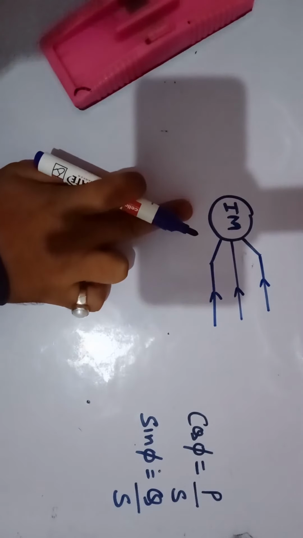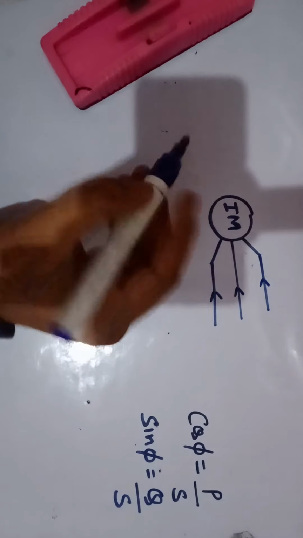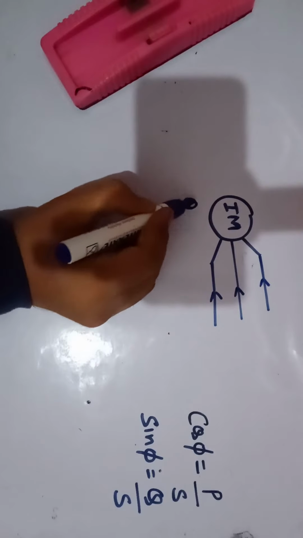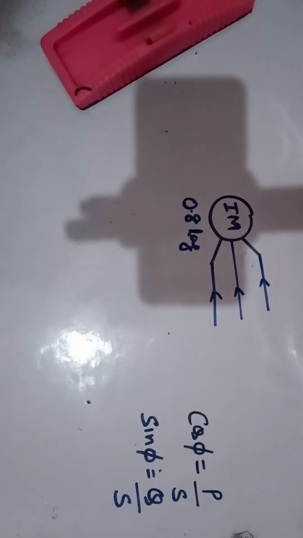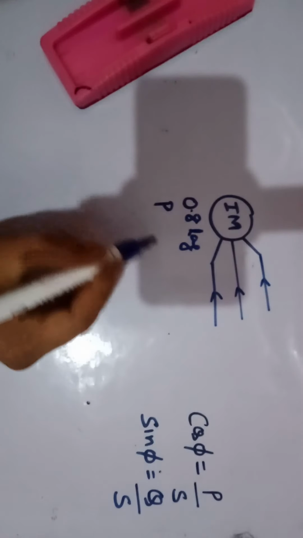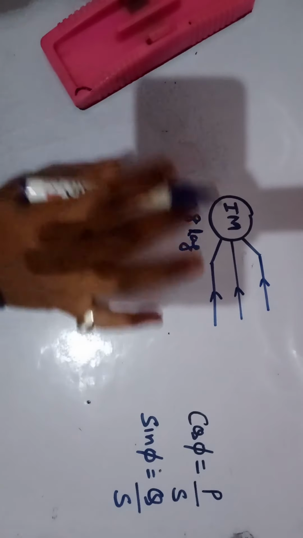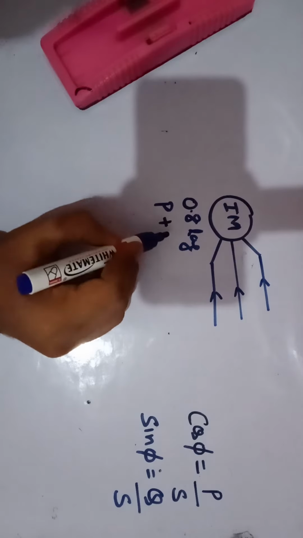As you have studied in machines, an induction motor generally operates at lagging power factor, whatever the quantity, say 0.8 lagging. Lagging means it is taking active power and absorbing a reactive component also. So it is taking both active as well as reactive components.